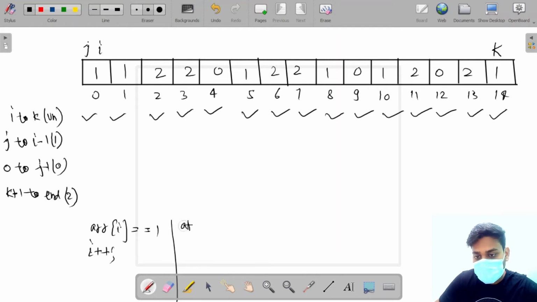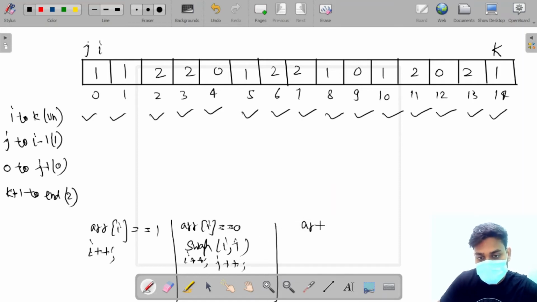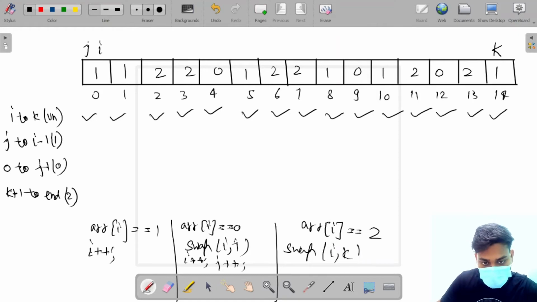If arr of i equals 0, we swap the values at i and j, and we increase i plus plus and j plus plus. And third, if we get arr of i equals 2, we swap i and k, and we decrease the value of k.